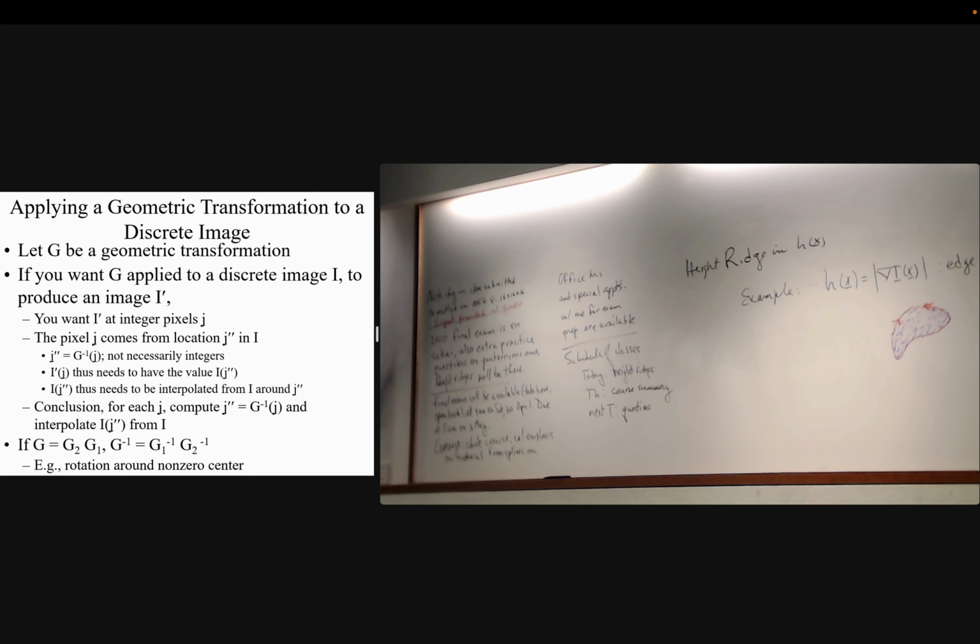And if you happen to want a series of transformations, G1 followed with the result having G2 applied on it, I remind you that the inverse of G is G1 inverse, G2 inverse. That is to say, you apply the second thing's inverse first, and then the first thing's inverse.